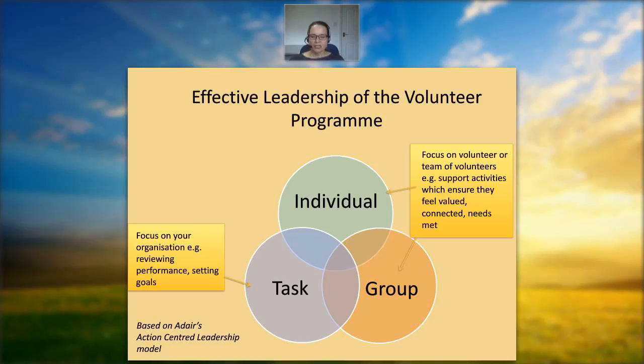So I'm suggesting here that those three parties all have sets of needs that you have to think about if you want a successful volunteer programme. And if you notice from that diagram, those needs actually will overlap between the different parties involved. So let's think about what are some of the needs that there might be.